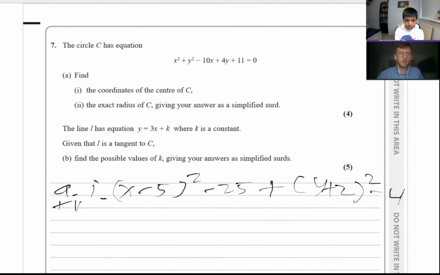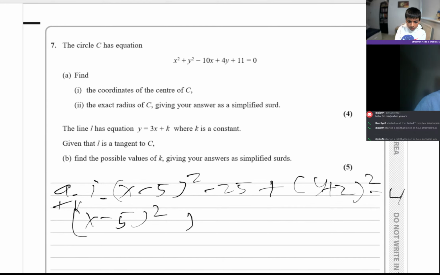So if we add them all up, what does that equal? That equals 0 on that line.